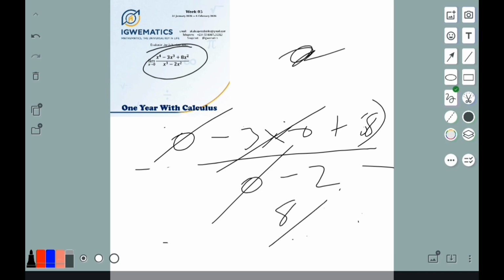The zero terms are meaningless, so all in all, you have 8 divided by minus 2, which is equal to minus 4. So the limit of all this is simply minus 4. Therefore, the limit as x approaches 0 is minus 4. That simply means that the closer x gets to 0, the closer the function gets to minus 4.